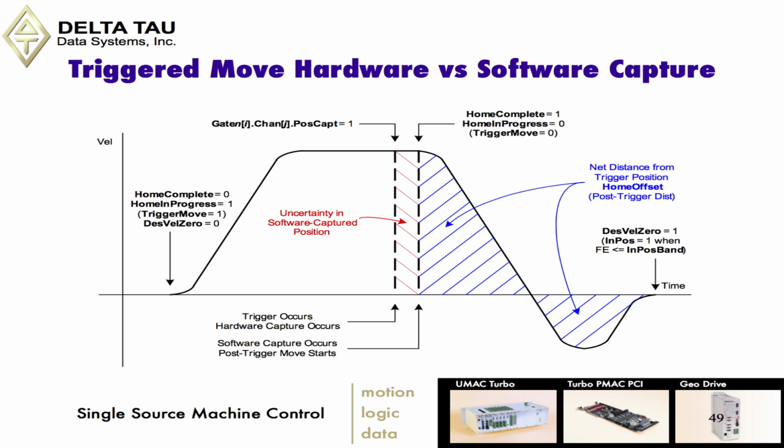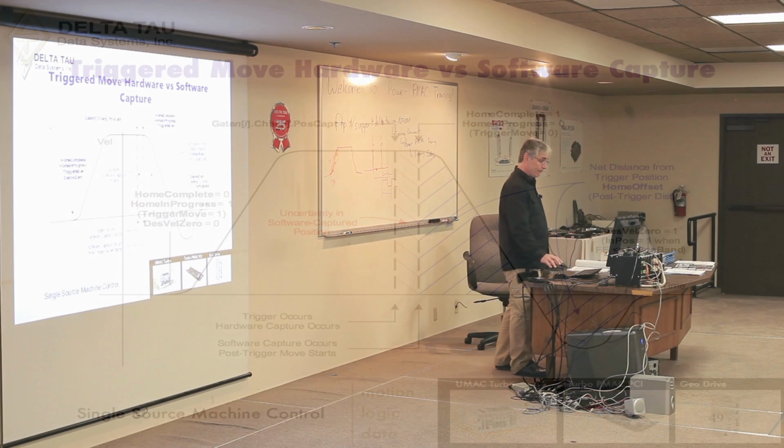When the trigger is found, it will set the home complete bit to true, and the home in progress will go false, and the triggered move will go false because now it's making the post-triggered move to get back to that 0 position. At which time, desired velocity 0 will now become true, and in position will also become true as long as we're within the fatal following error in position band.